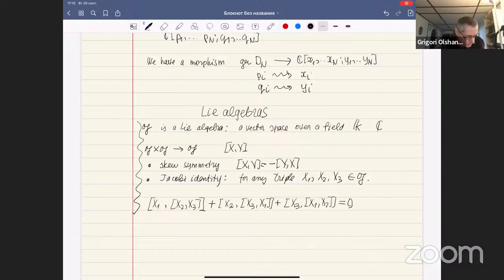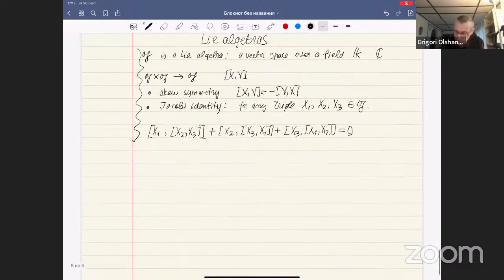And now there are some examples. First, assume A is an associative algebra, and the bracket is the commutator.